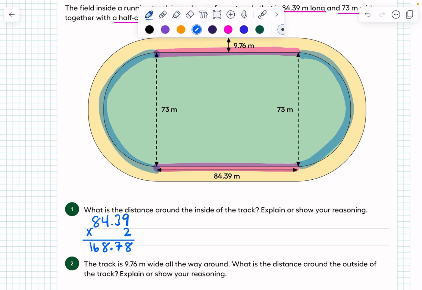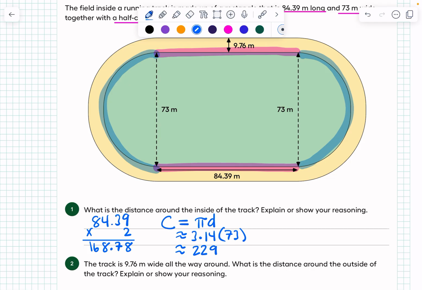So I'm going to use the formula C equals pi d, and I'm going to replace pi with 3.14, and the diameter of the circle would be this length right here. So that length would be 73. So 73 times 3.14 is approximately 229.